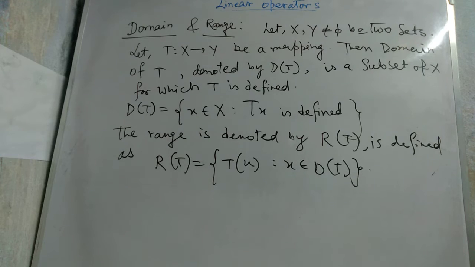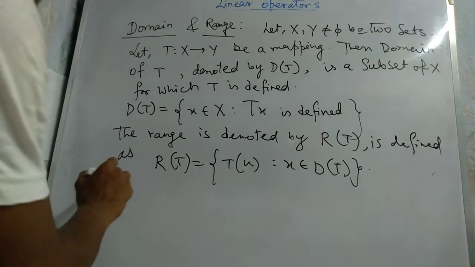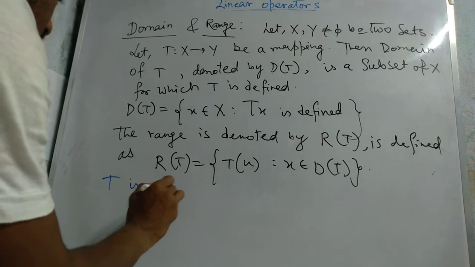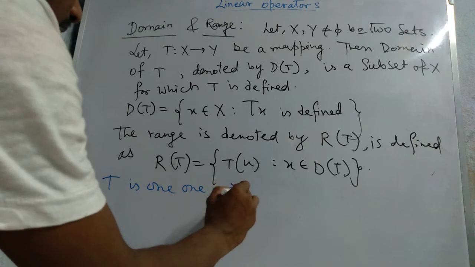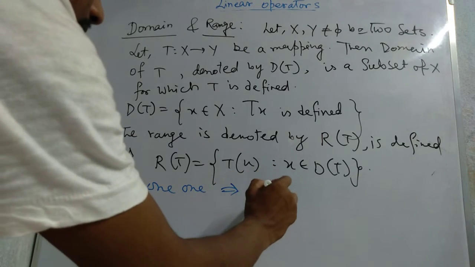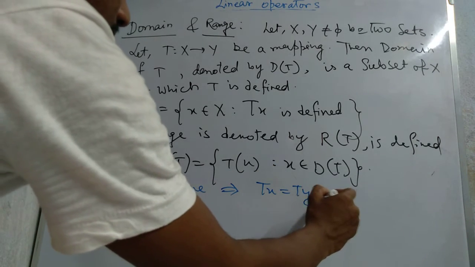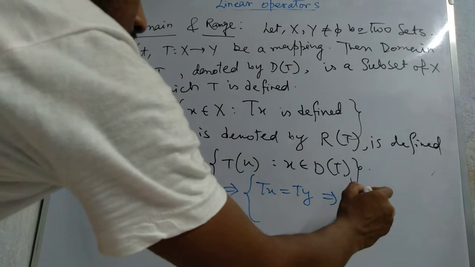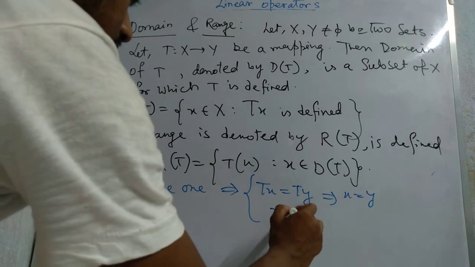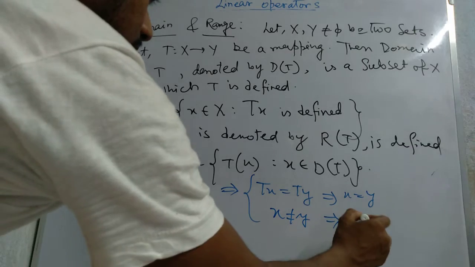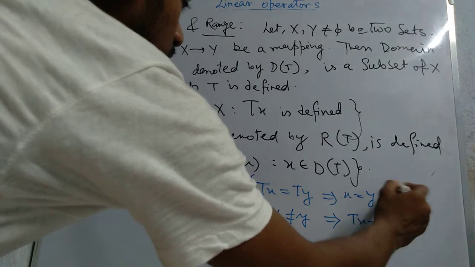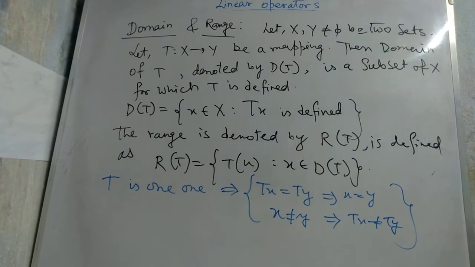So we have discussed the definitions of domain and range. Now to proceed further: T is one-one means Tx equal to Ty implies x equal to y. Otherwise, x not equal to y implies Tx not equal to Ty. Both imply T is one-one.